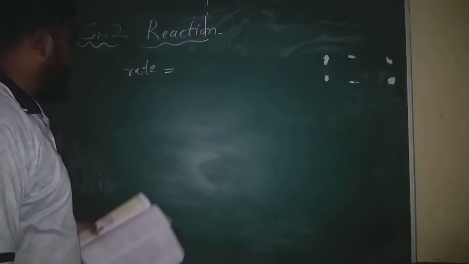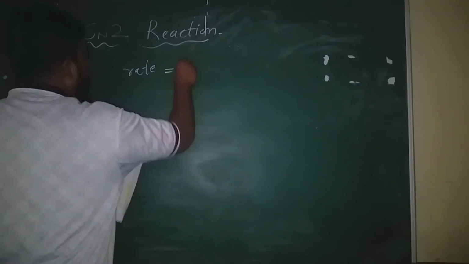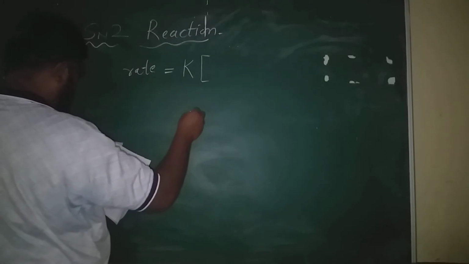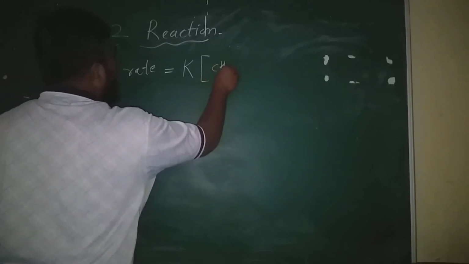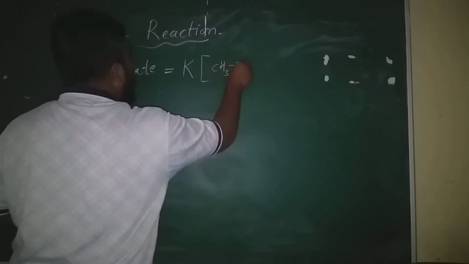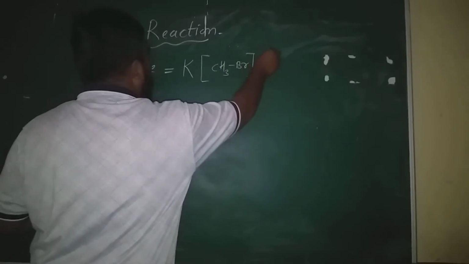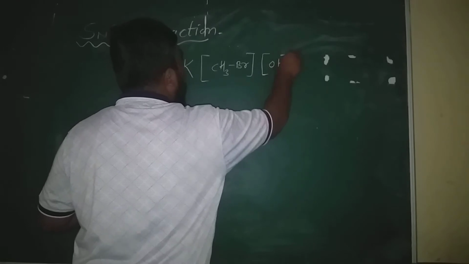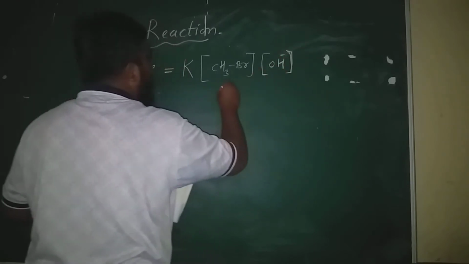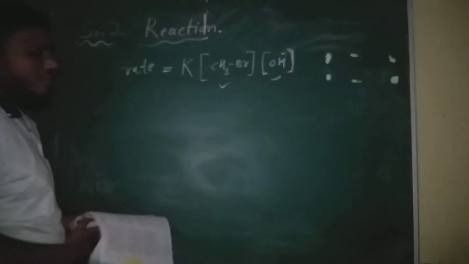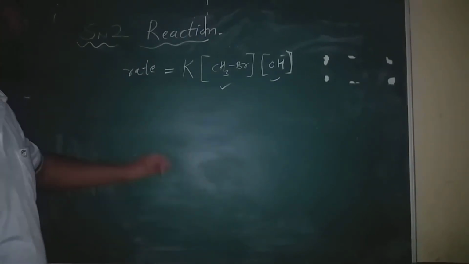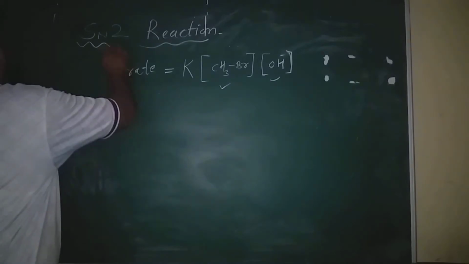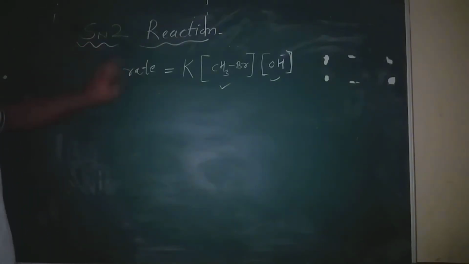Rate of reaction is equal to K, the constant, times the concentration of methyl bromide, CH3Br, and the concentration of OH minus ion. So two molecules are directly proportional to this rate of reaction. That's why it is called a bimolecular reaction or SN2 reaction.